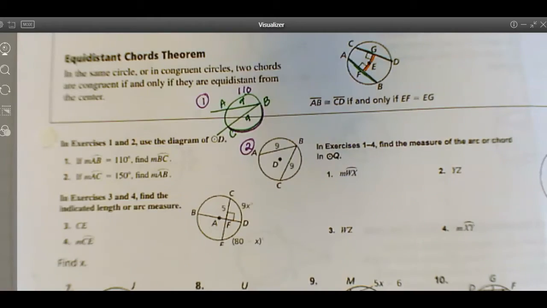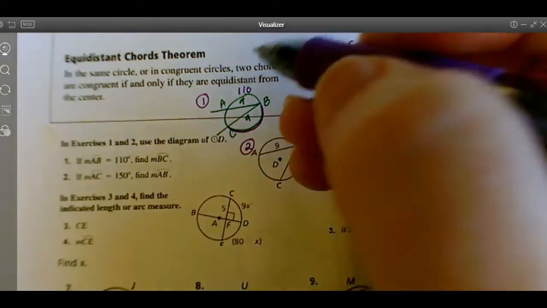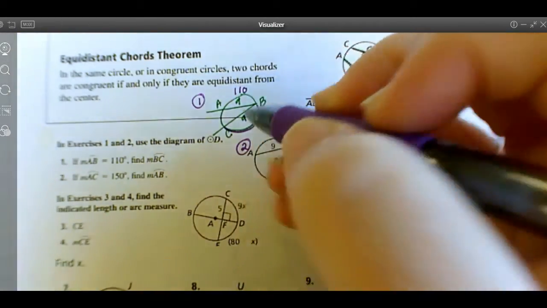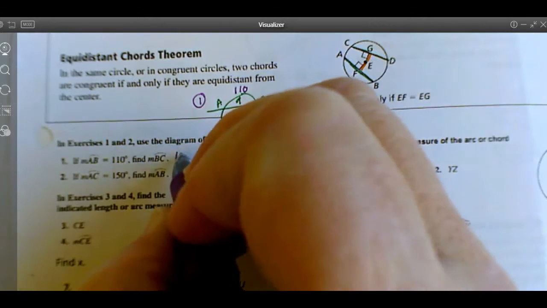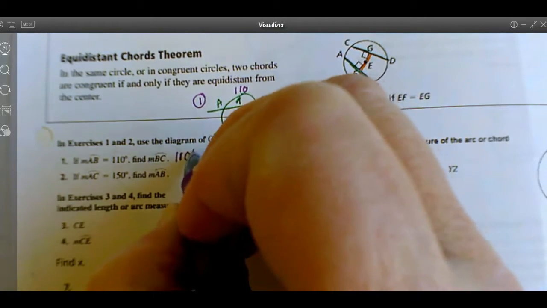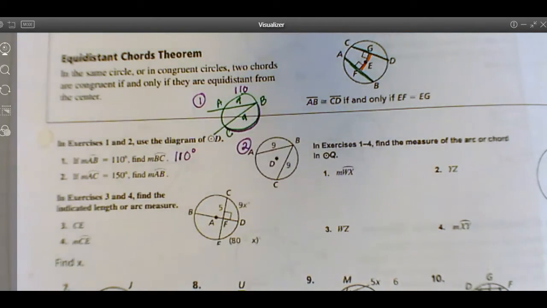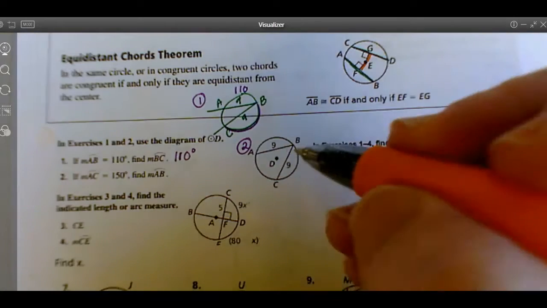Well, because both of those chords have 9, that means that the arcs are the same. So the measure of BC is also 110. So not really a lot to do, but just to recognize that because the chords are the same, the arcs are the same. Okay, next it says the measure of arc AC is 150.